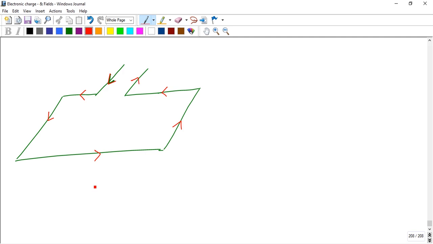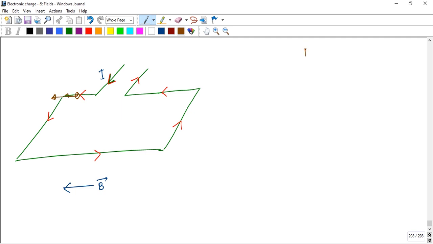Now the magnetic field is important. Suppose we choose the magnetic field B in the same direction as the current I. Here there is a path at that point, so the magnetic field is in that direction and the current in the same direction.